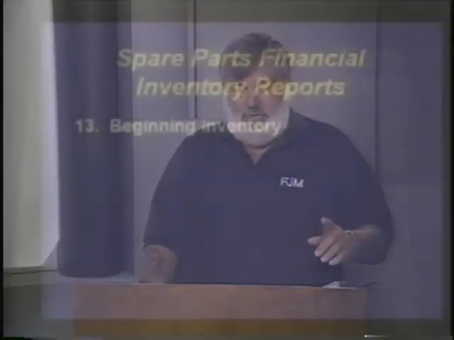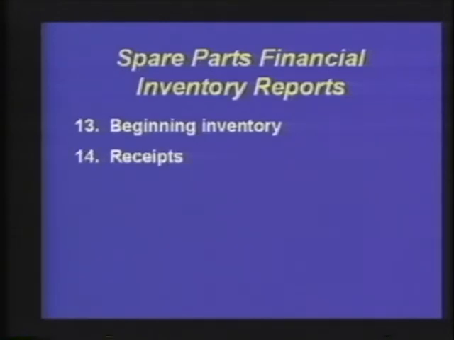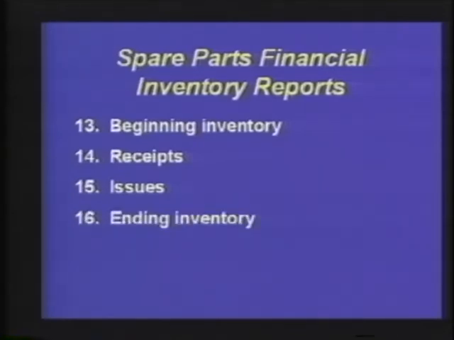And then we could have a 4-wall inventory calculation where 13 is the beginning inventory, 14 would be all of the receipts for a time period, 15 are all the issues, and 16 is the ending inventory. And at any point in time when that calculation is made, 16 total inventory on hand should be equal to item number 1 above, which is total inventory on hand.